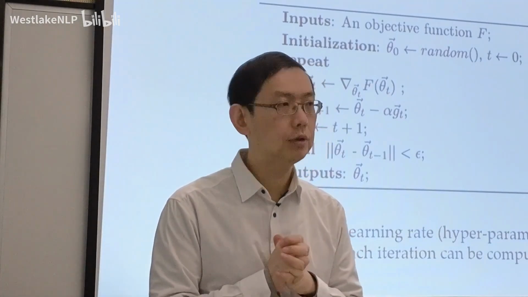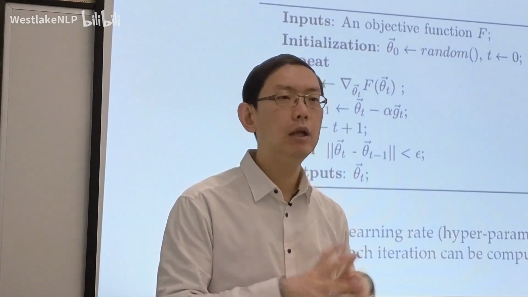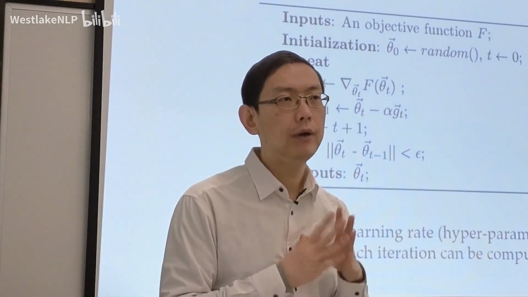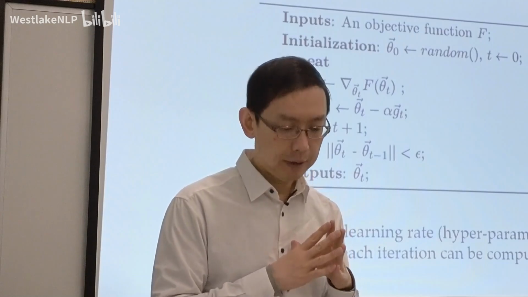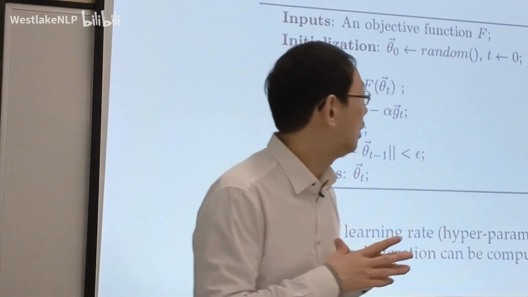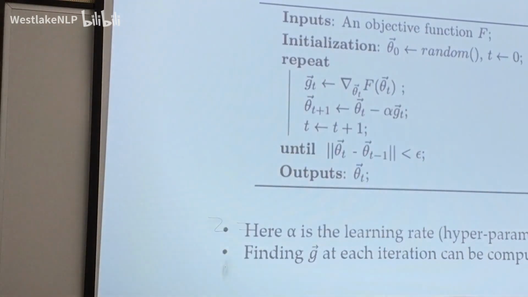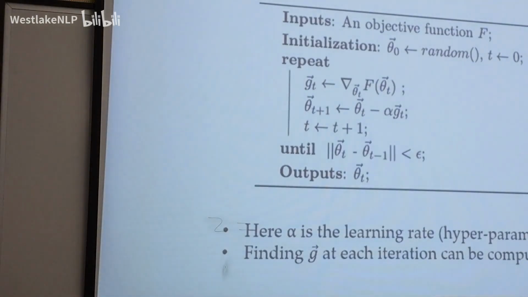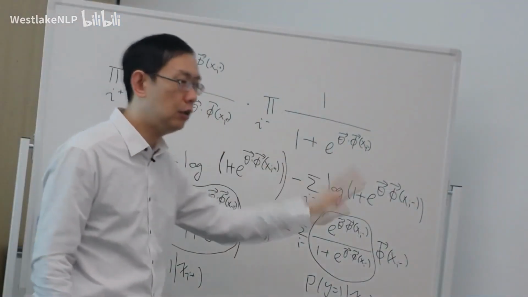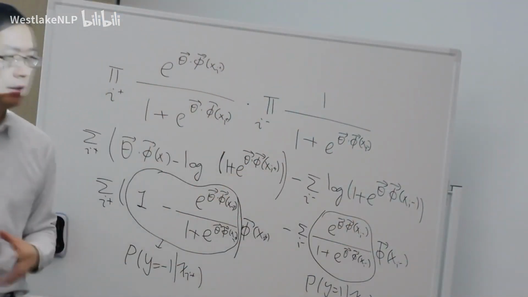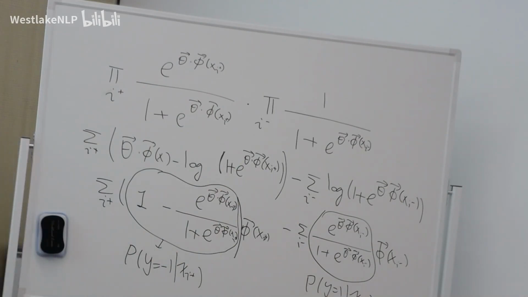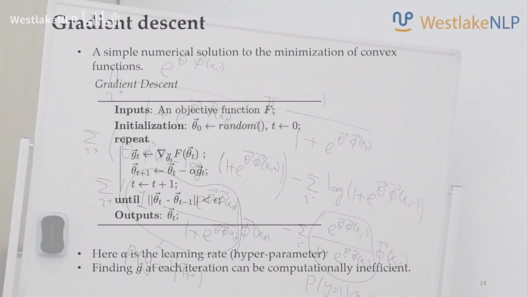When you execute gradient descent over a large set of training data, you find a problem. The problem is that you have to worry about the sum. Here is the sum of all data instances. Here is the sum of all negative instances. You have to accumulate gradients over the whole data set before you take one step down the slope.